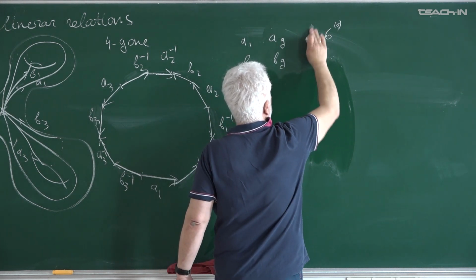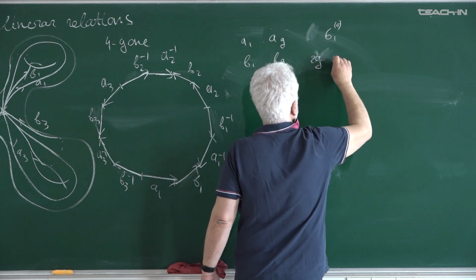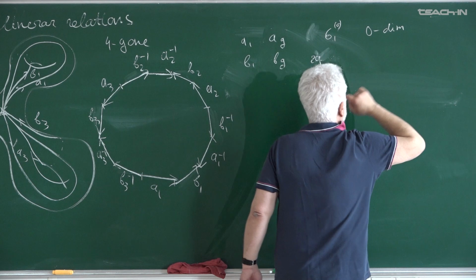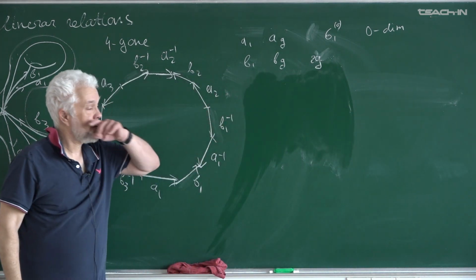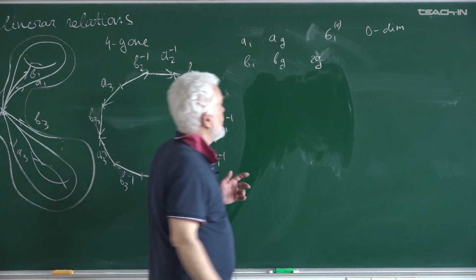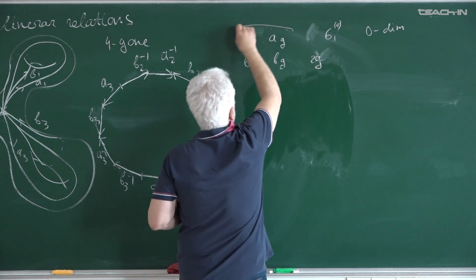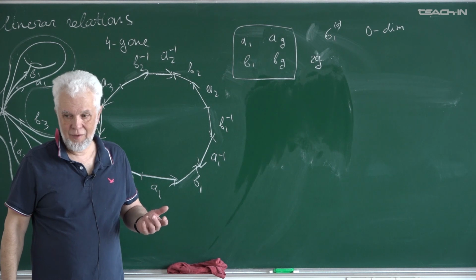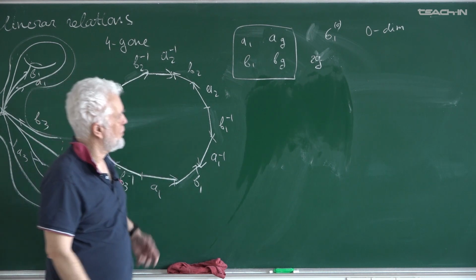2g one-dimensional cells. You have 2g one-dimensional cells, exactly these, you see. And one two-dimensional cell.